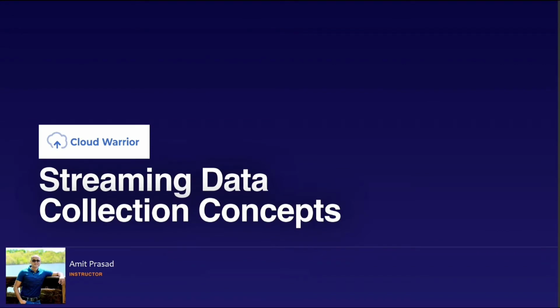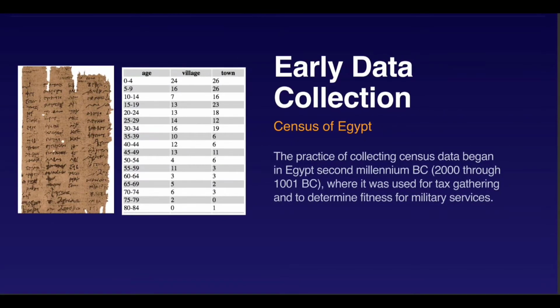Let's go ahead and discuss some streaming data collection concepts. But before we go any further, I would like to talk about some of the earliest data collection that we know of. Some of the earliest data collection dates back to as early as 2000 BC, where Egypt collected census data about the people who lived there.